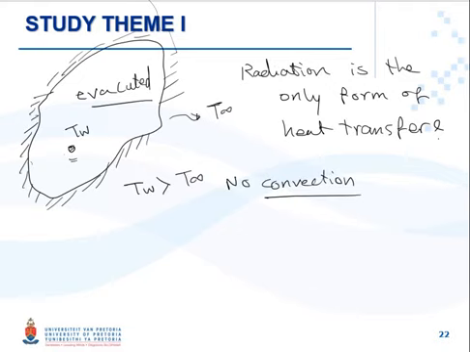We assume that our blackbody is very small and our enclosure is an infinite heat sink, which means that the heat received from our small blackbody will not affect the enclosure. Maybe like putting a small coin with a temperature of 100 in the middle of a big swimming pool. That's the concept of an infinite heat sink, which means that the heat received from a small blackbody will not affect the whole enclosure.